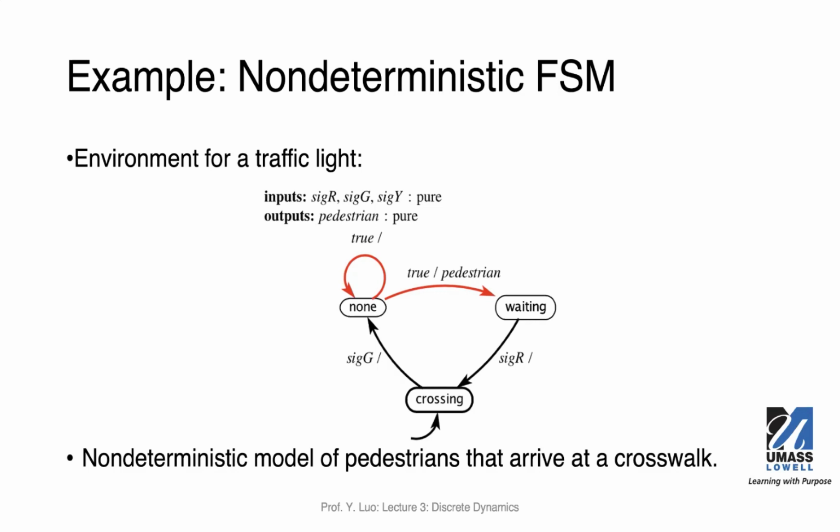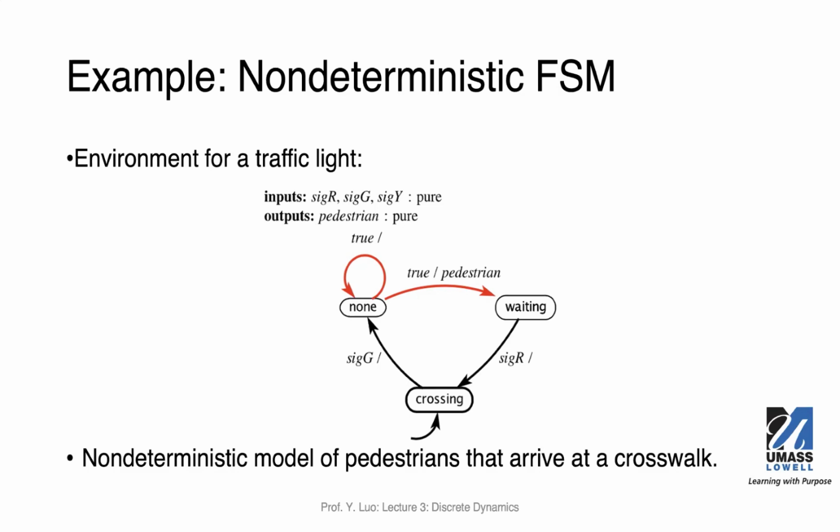It captures the status of the environment in terms of how the pedestrian pure signal is generated. In this case, the input pure signals are the red signal, green signal, and yellow signal, and the output from this state machine is pedestrian, which is the pure signal.